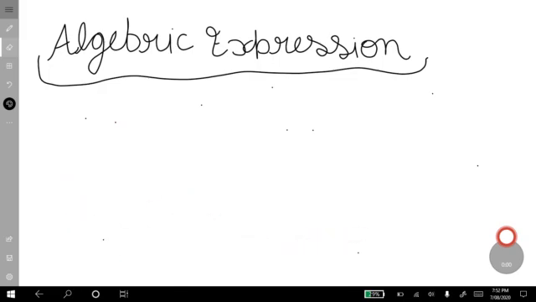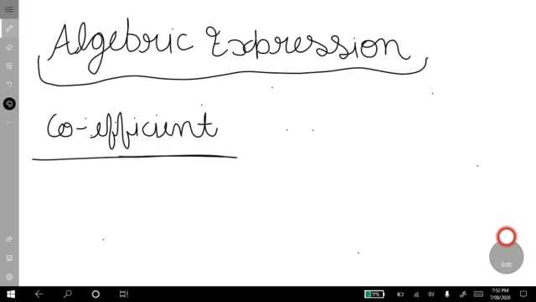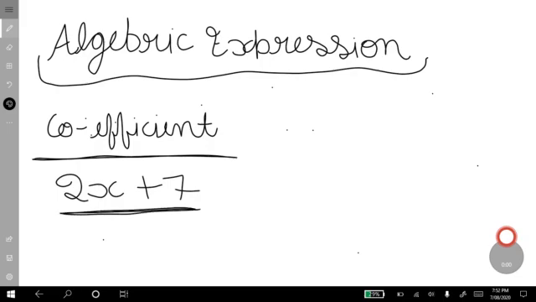Next we have some extra terms, like coefficient. What is a coefficient? A coefficient is the number in front of the variable, like 2x plus 7. This is also an expression. The coefficient is the number in front of a variable.